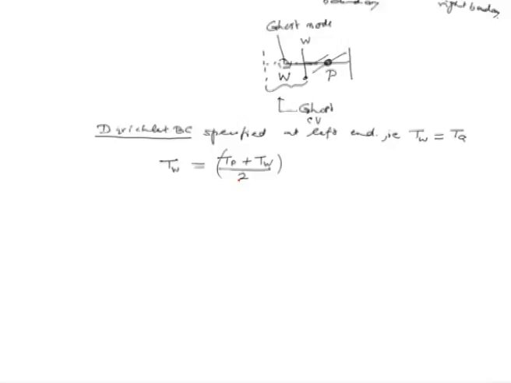Now, this is what becomes equal to our TA, and from here we can get an expression for T capital W, that is the value of the temperature at the ghost node. This becomes 2 times TA minus Tp.